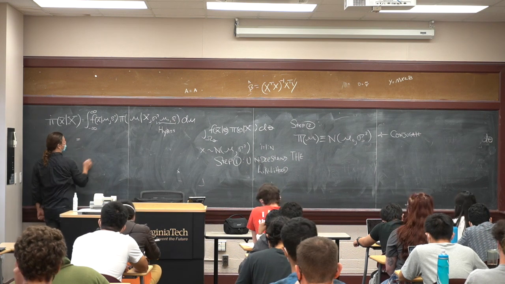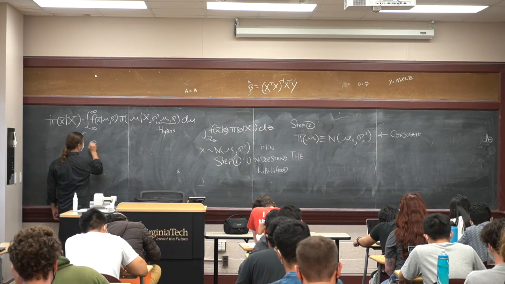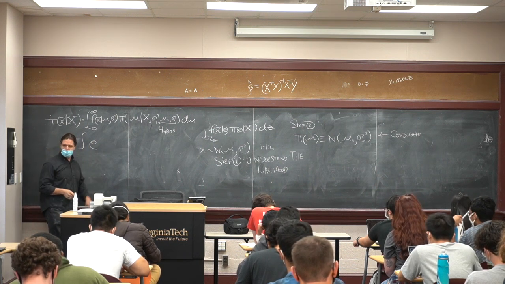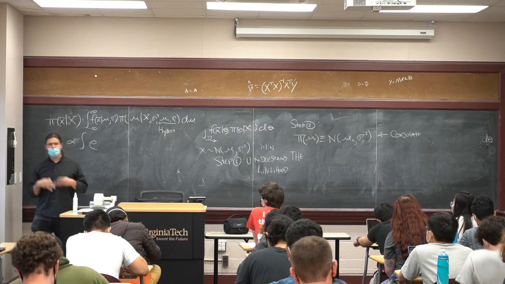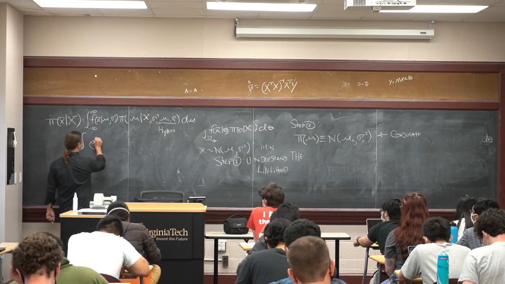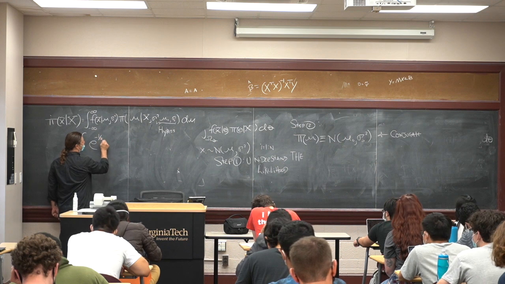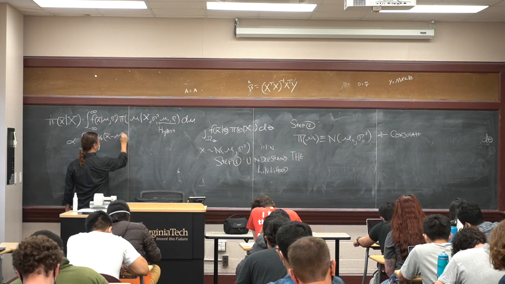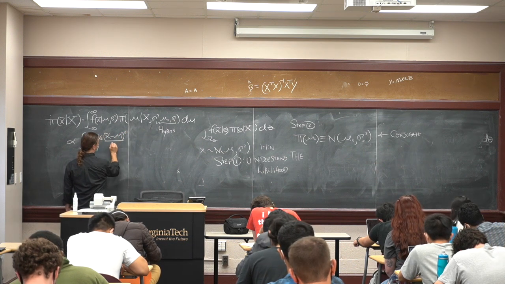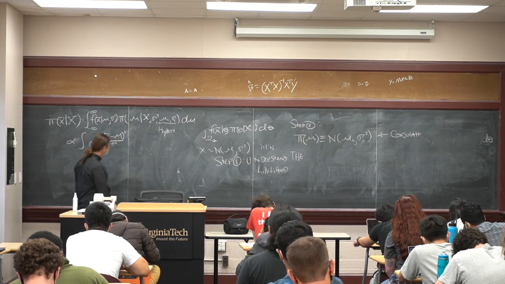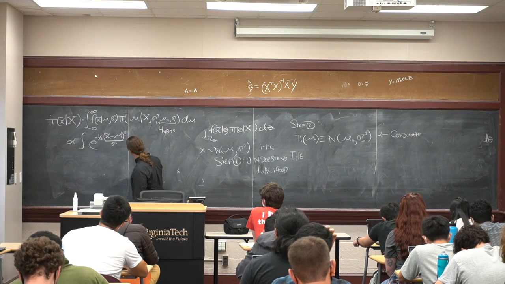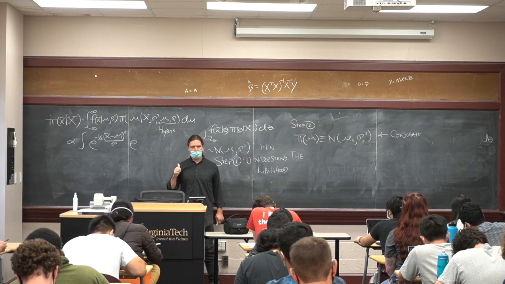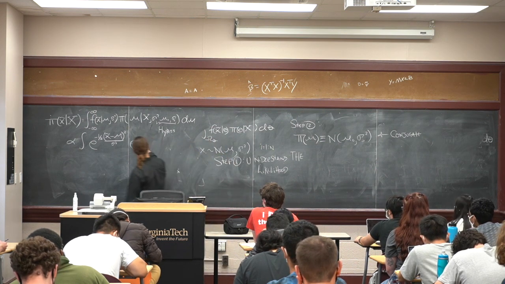So this thing is going to look proportional to the integral of e to the minus one half x tilde minus mu squared over sigma squared. We're going to recognize the kernel. This one is going to be subnormal as well. I'm working under the conjugate prior, so it's going to be subnormal.